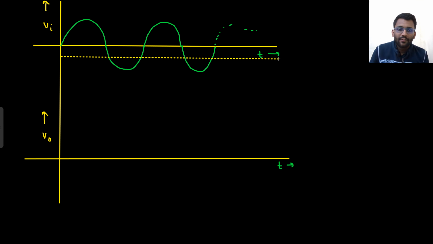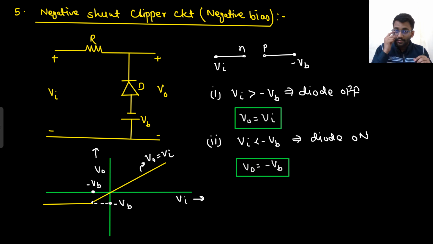So we have seen every single possible example of a single stage clipper circuit. For V in greater than minus VB, it is always V in.